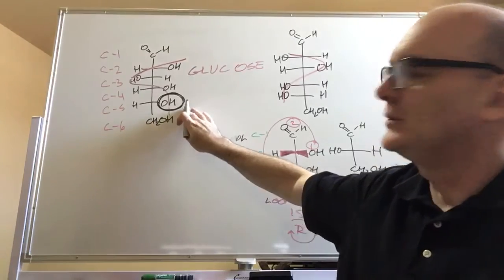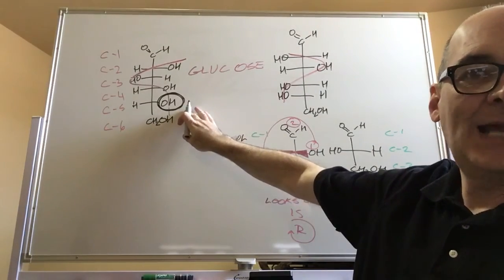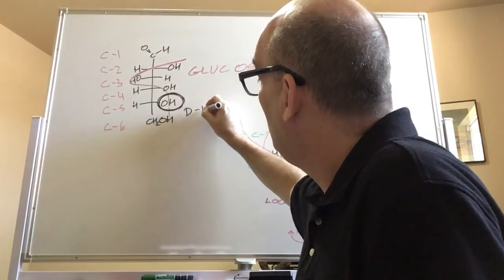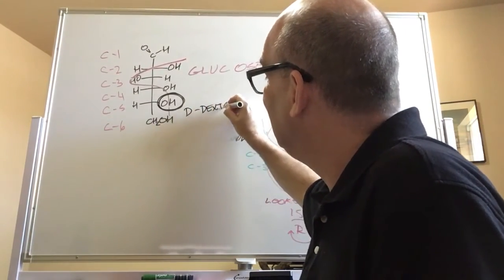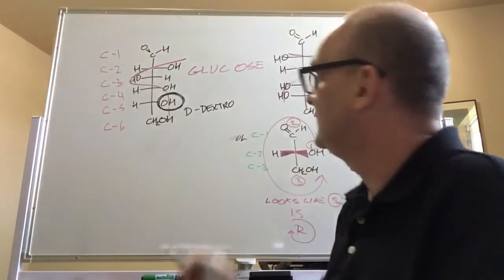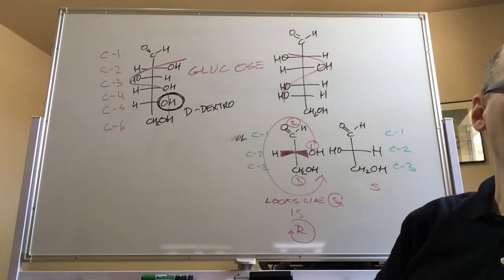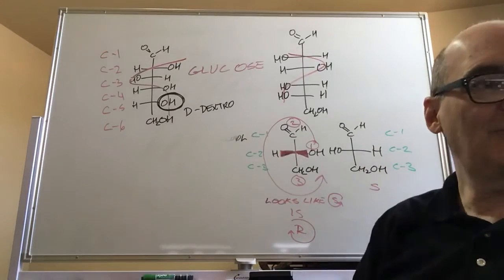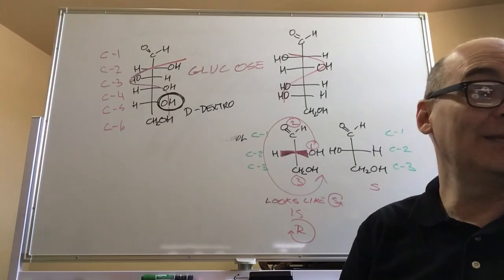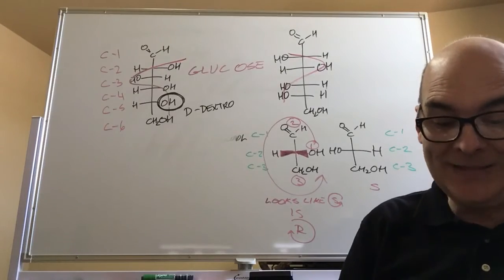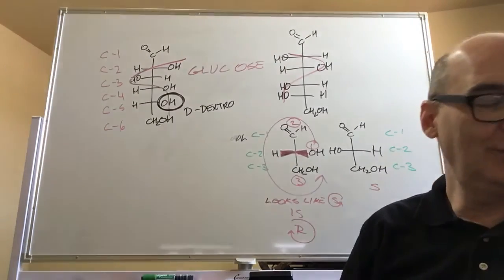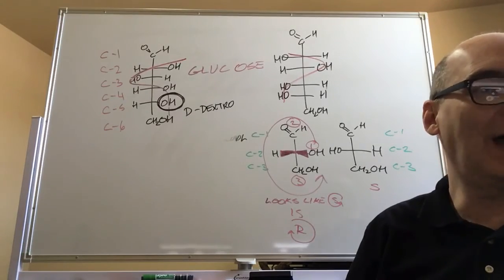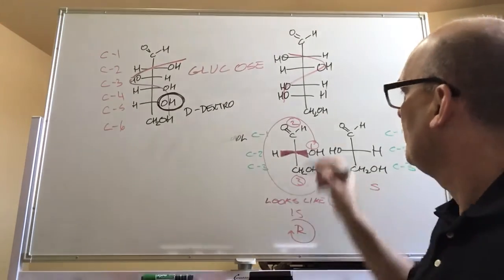If the bottommost chirality center has the alcohol to the right-hand side, then that is a D isomer. D for dextro. Dextro being right-handed. If you're ambidextrous, you have two right hands. Or you have two hands that are both as good as right hands.